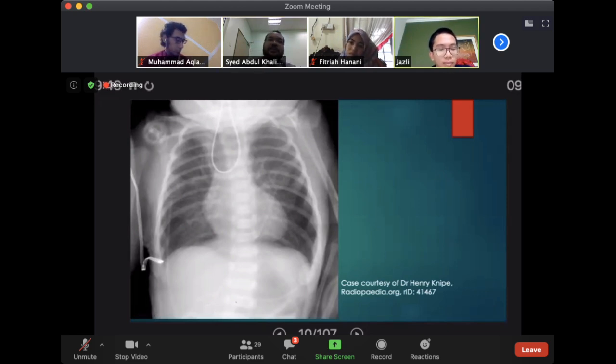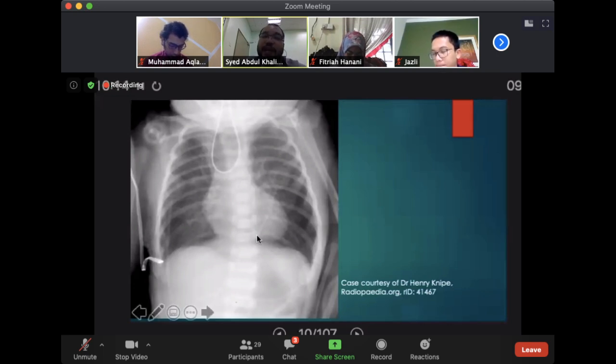Sometimes, for patients whose mother has polyhydramnios, one of the causes of polyhydramnios in mothers is esophageal atresia. So in mothers with polyhydramnios, you need to do a chest X-ray, but you need to put the rice tube in.